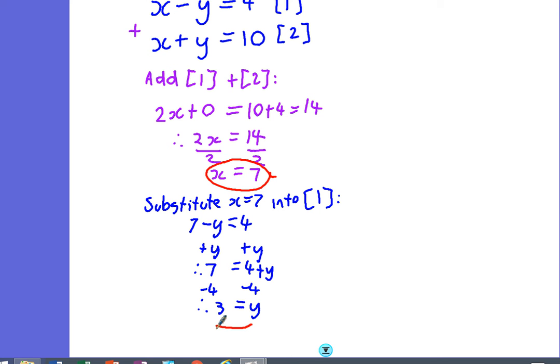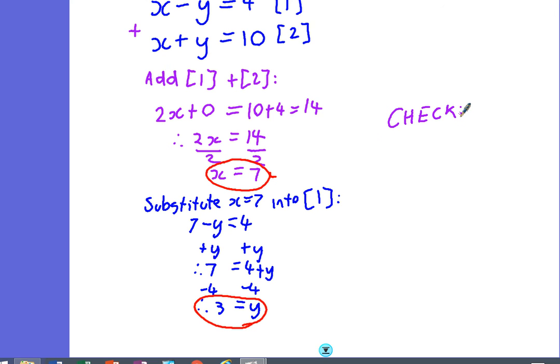Okay, so before we write our solution in words, of course we need to check. So let's go and do that over here. Importantly, we don't need to check in both equations because we've already substituted the value we think is right, x equals 7, into equation 1.